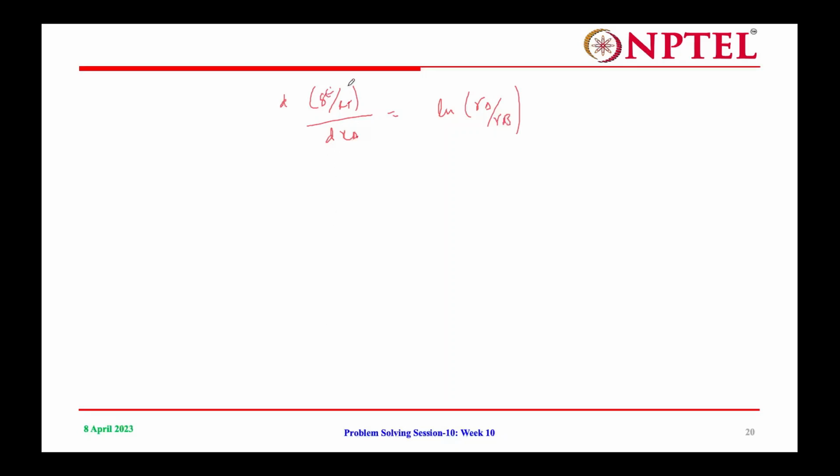Now we know this value. Now this equation, multiply by dx on both sides and then integrate with limits 0 to 1.